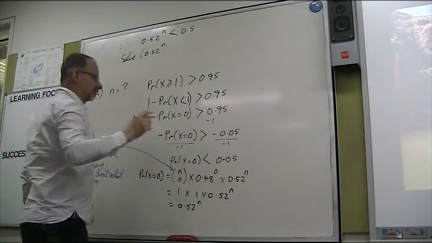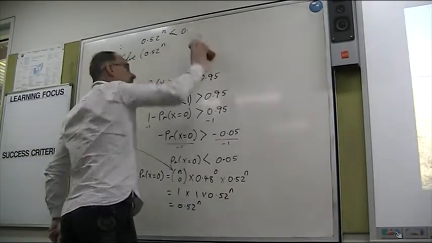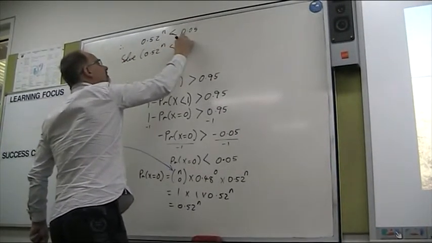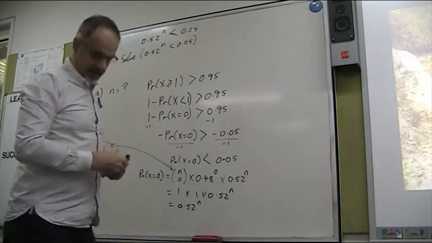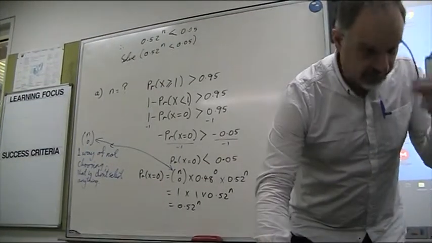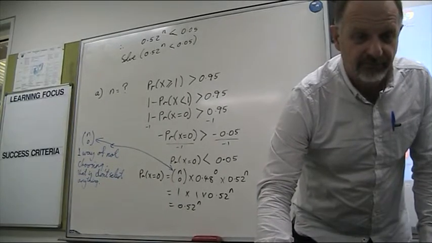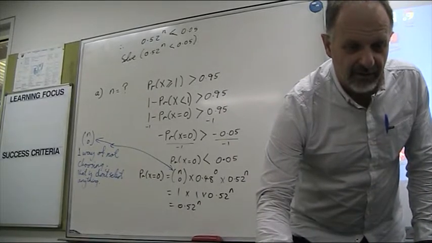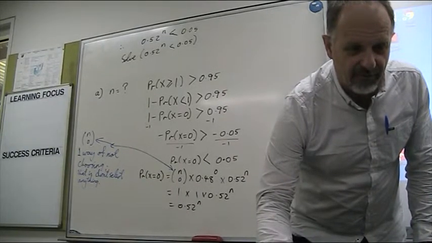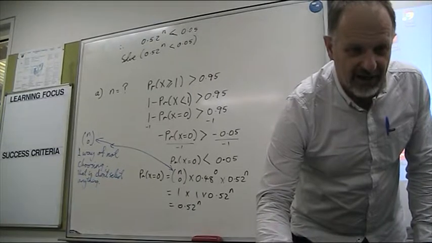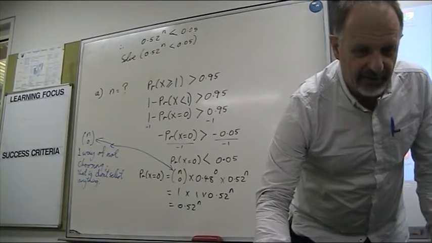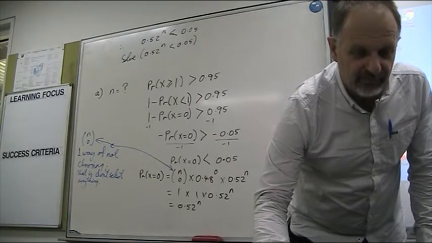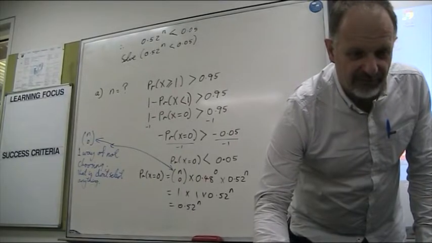0.05. It is correct. And so we go calculator, solve. 0.52 to the power of n. We need that to be less than, going to go to our keyboard, less than 0.05.